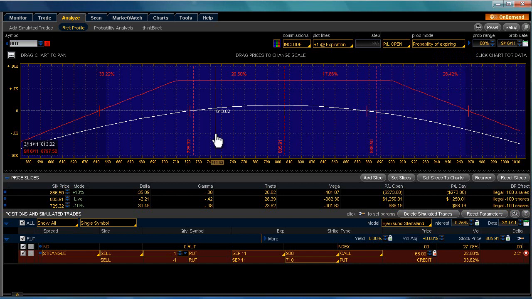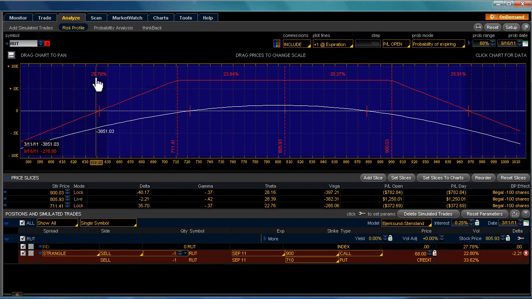So now you can see that even if there's a 10% down move or a 10% up move in the market, he is still going to make a nice profit on this, and maximum profit actually is out here. He has a 70% chance between now and September of making maximum profit on this.